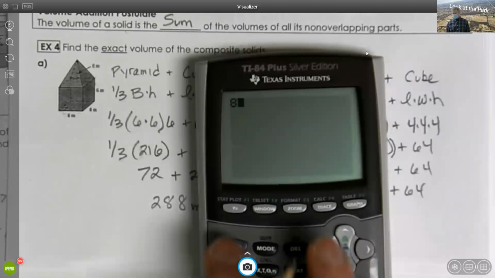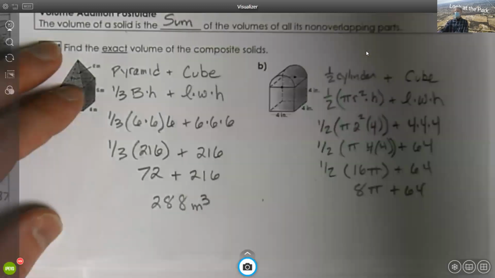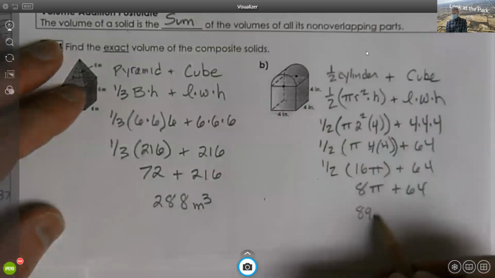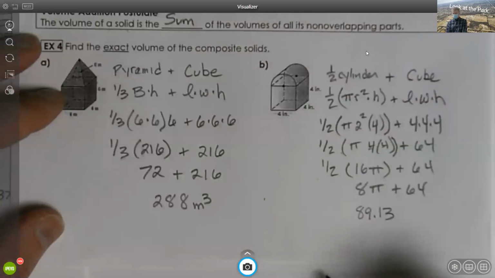You would not have to hit the times button, but you could. You could say 8 times pi or 8 pi. The calculator can handle that. 8 pi plus 64. And that comes out to 89.13. And that's rounded to the nearest hundredth.